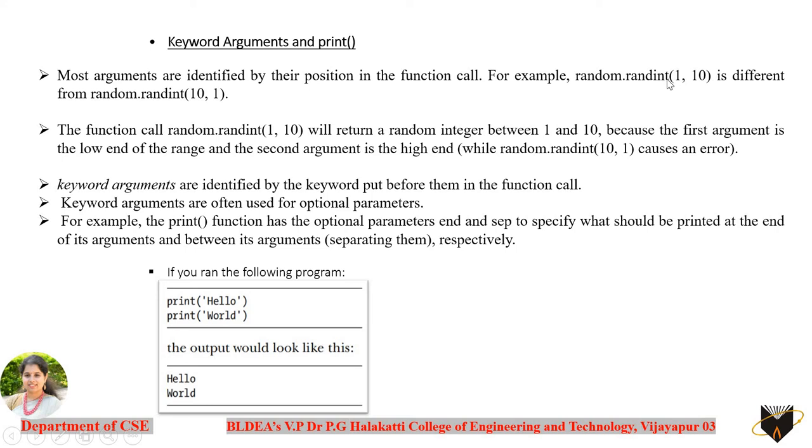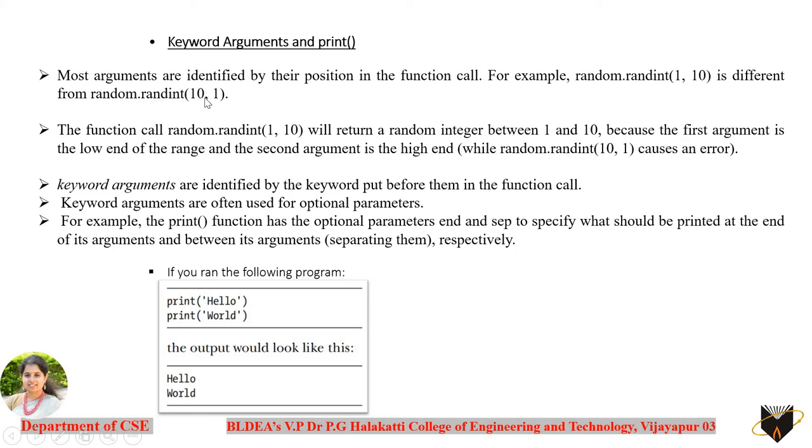That is, you want to generate a random number in the range from 1 to 10, which is acceptable here. But in the same way, if you use the same function but the order of the arguments is different, your intention is 1 and 10, 1 being the first argument and 10 being the second argument. In case you pass 10 as the first argument and 1 as the second argument, for this function you will certainly get an error.